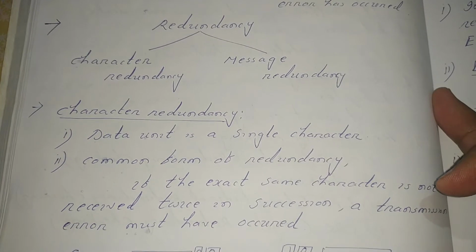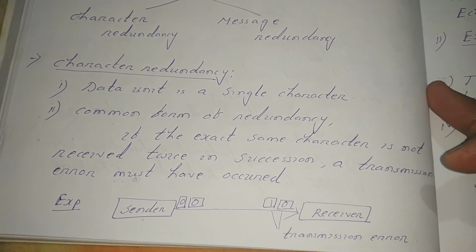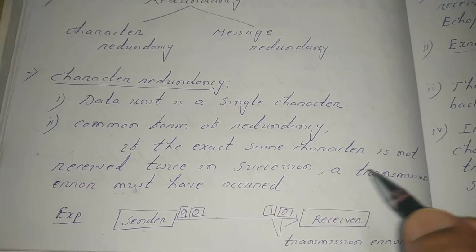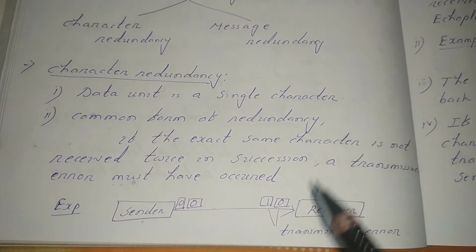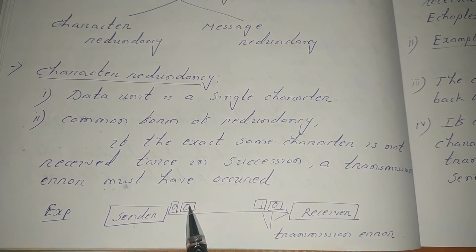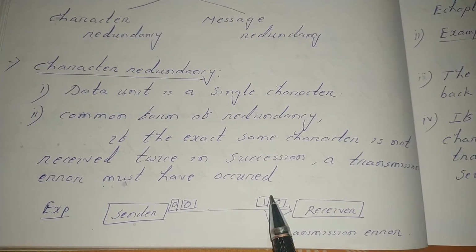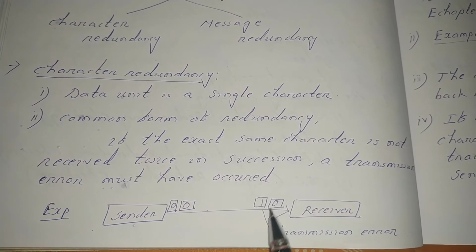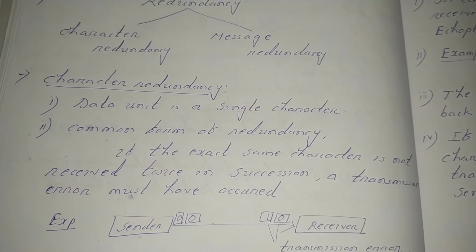That is a very common form of redundancy, and if the exact same character is not received twice in succession, a transmission error must have occurred. Suppose the sender is sending 0, and it sends 0 two times, but at the receiver side, first it gets 0, then it gets 1. These are not the same, so a transmission error is there.